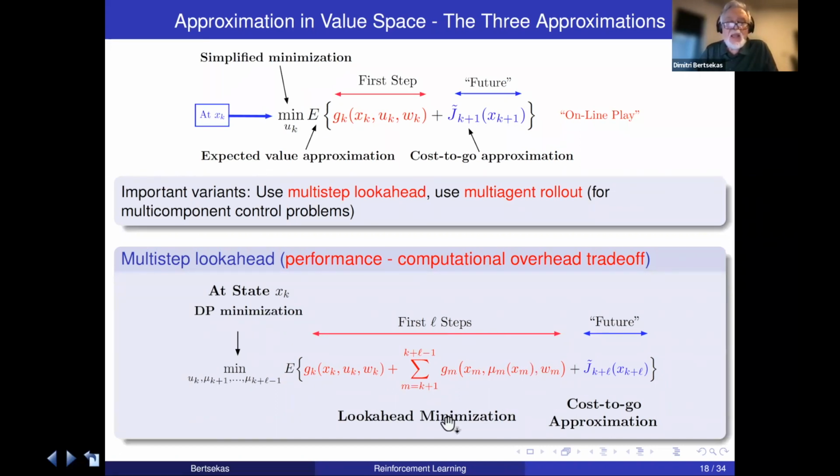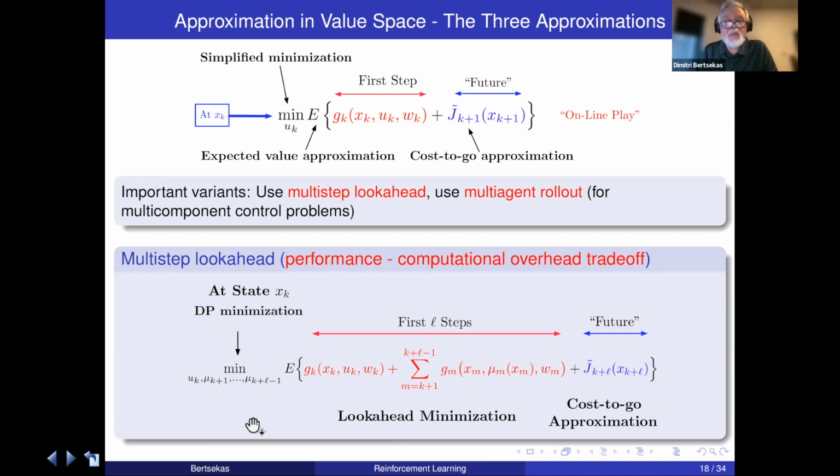And again, we have the three approximations: minimization, expected value, cost function approximation. And after we do this minimization at the current state, we use u_k and throw away all the mu's that are found.